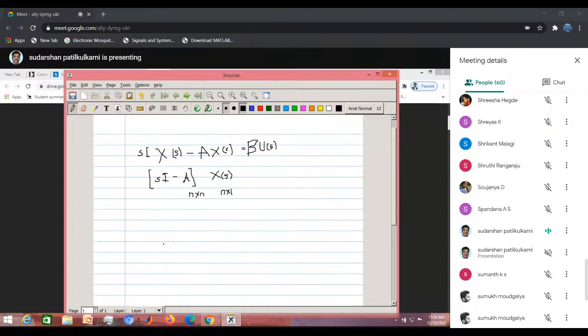Okay, so what is x of s? Where is it coming from? X of s is the Laplace transform of a vector, right?